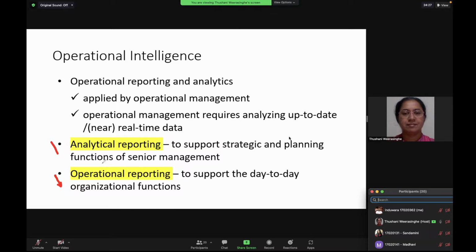So there are lots of requirements you need to consider when preparing reports. Anyway, remember there are two things: analytical reporting and operational reporting. Okay, hope you got it.